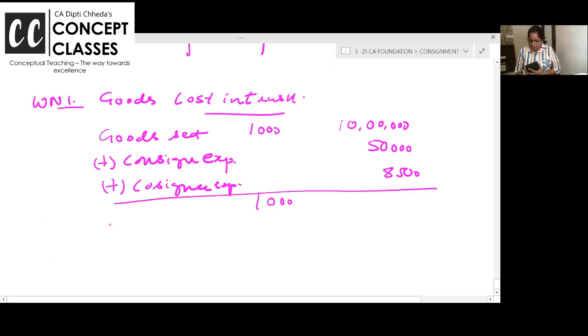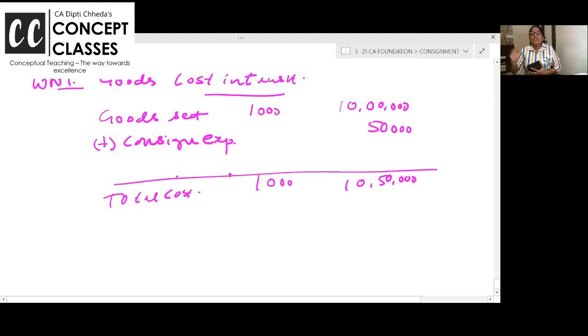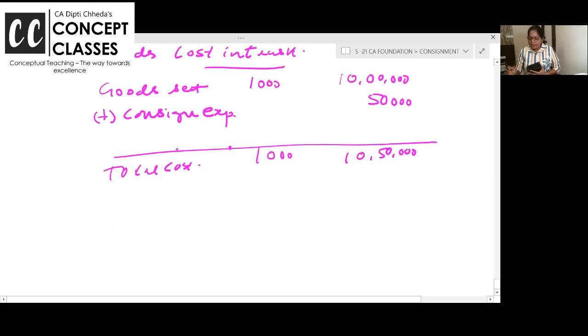So what is the total cost? Oh sorry, why will we take the consignee's expense? Right now the loss has happened in transport. The consignee's expense we will take for closing stock. So this is 1,000 units at 10,50,000. Everyone is clear? These are the goods which are lost in transit, so in that only the consignor's expense you will take.